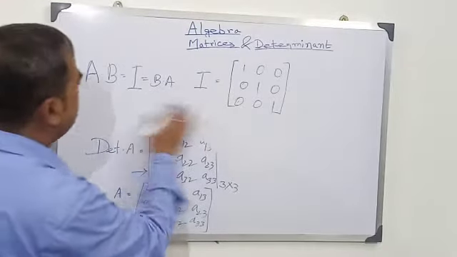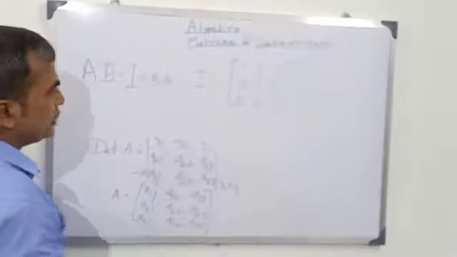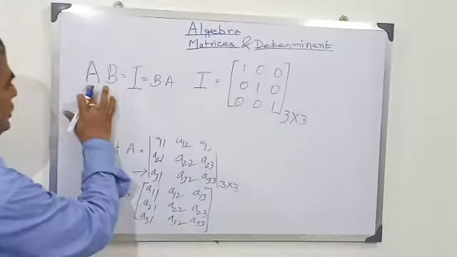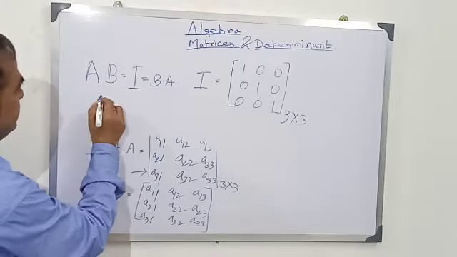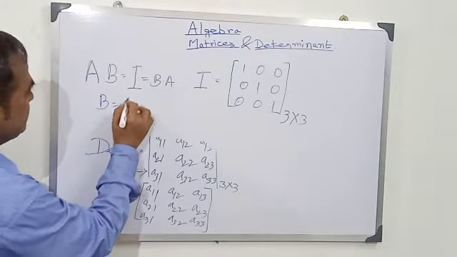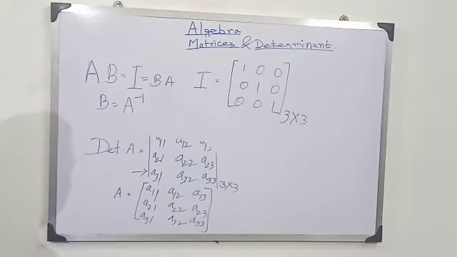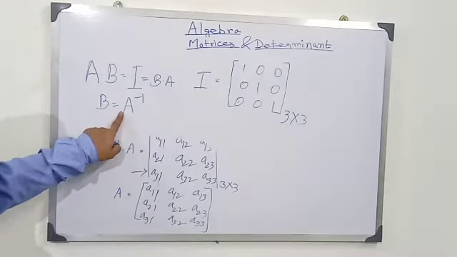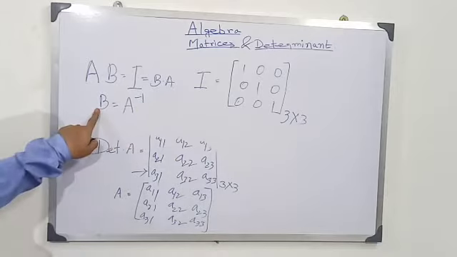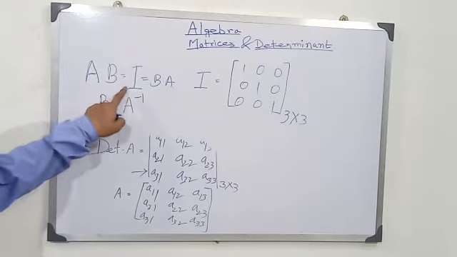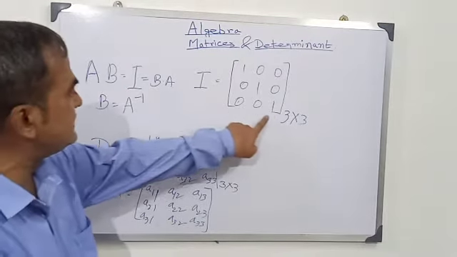I am assuming A and B are of order 3 cross 3. In this case B is nothing but A inverse, and we write it this way. Now I will try to find A inverse, that is B, and when you multiply, we get the unit matrix, that is this matrix.